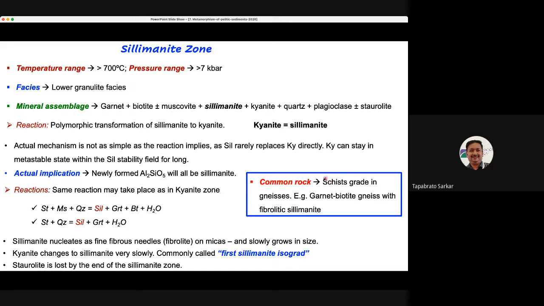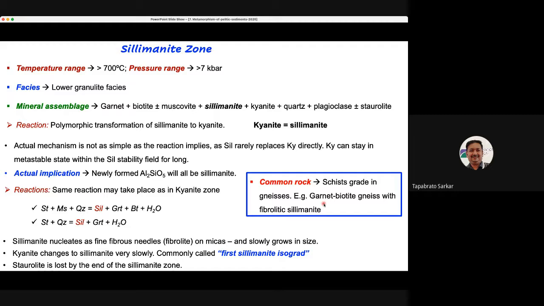So now the common rock, the schist, grades into gneisses. Gneiss may be a little bit into the granulite facies, but in general, in the granulite facies, as soon as the biotite and the muscovite start decreasing, the schist is no longer there, and what we form is more of a gneiss.